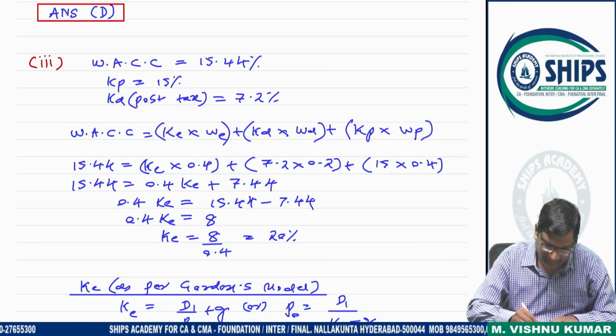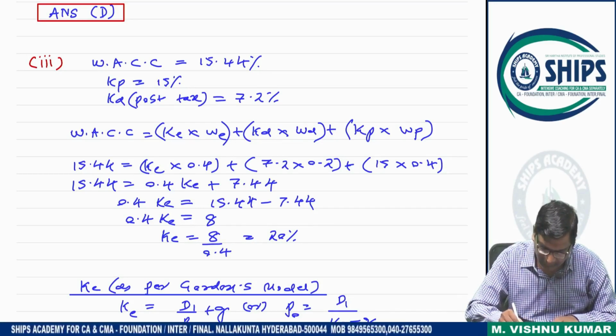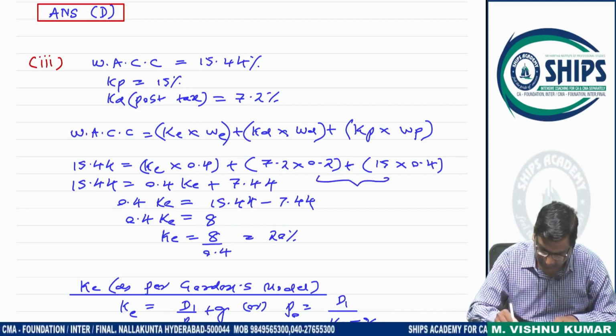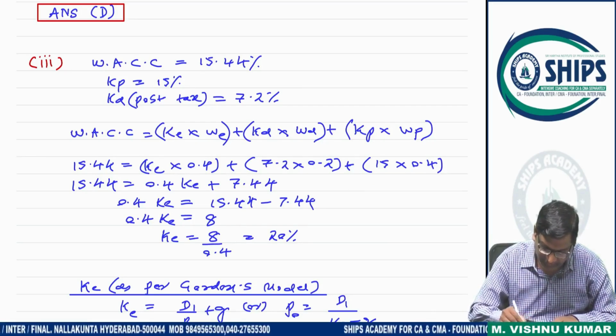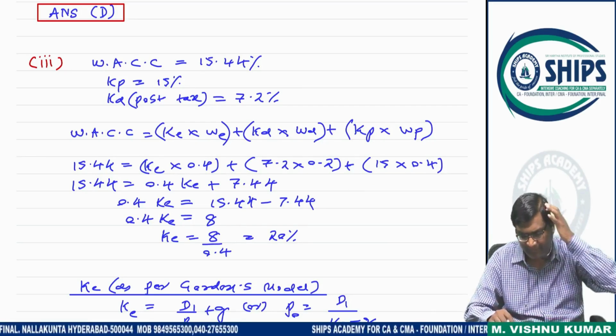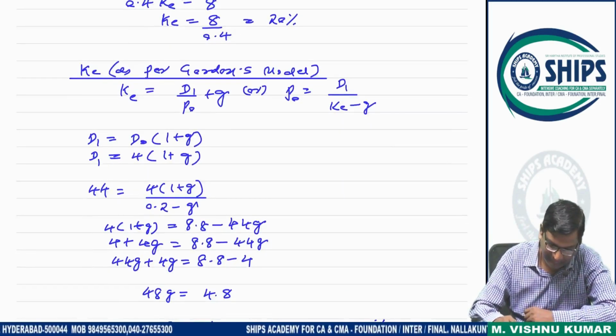Accordingly, cost of equity we don't know. So 0.4 into KE, plus 7.2 into 0.2 and 15 into 0.4. These two items total 7.44. By solving this, KE comes to 20%. Now we have to substitute in the Gordon model formula.